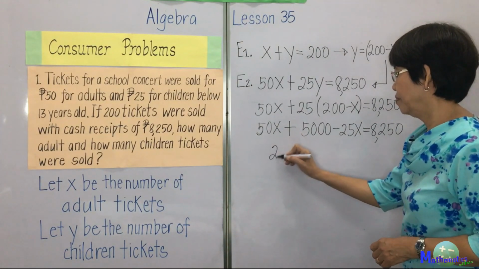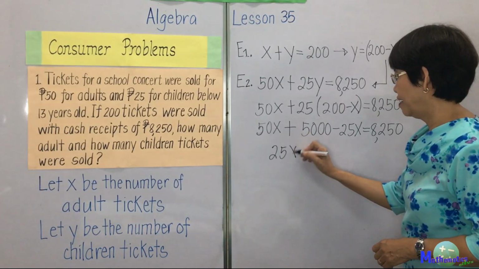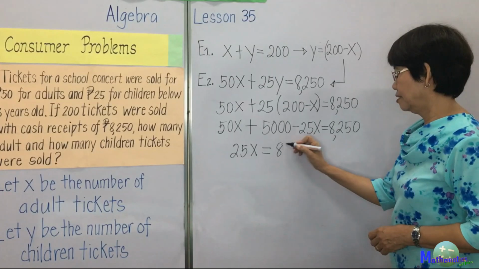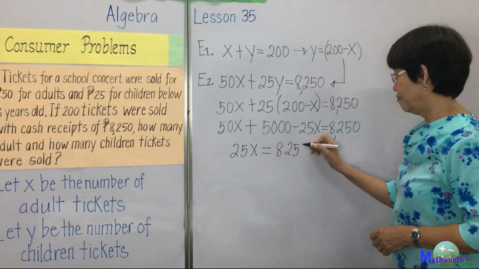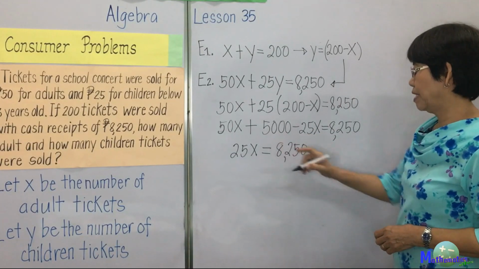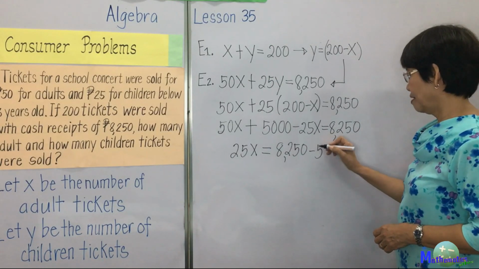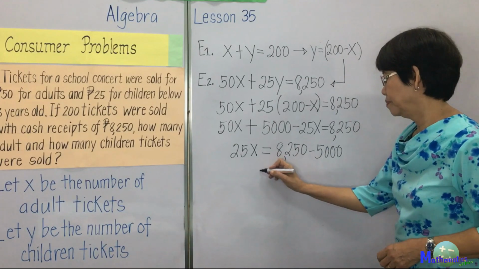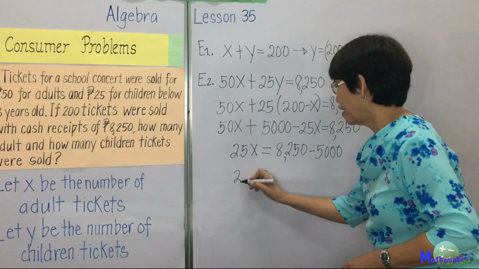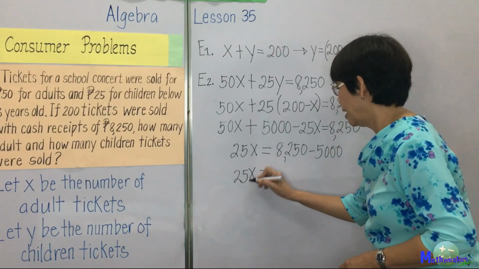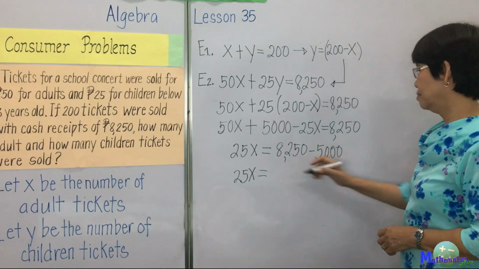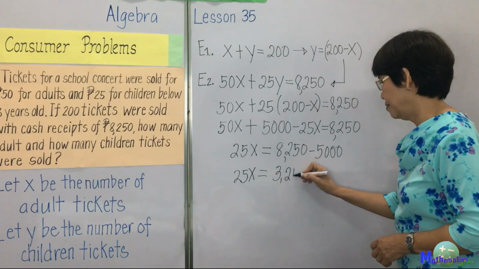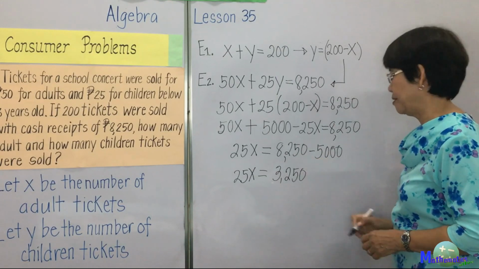And then we subtract 50 and 25. So we have 25x equals 8,250 minus 5,000. So we have 25x is equal to 3,250.